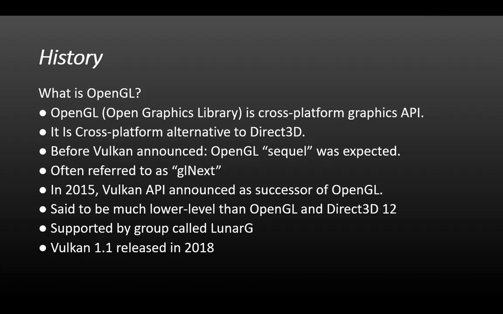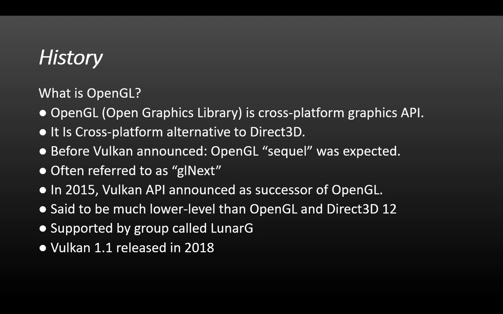Yeah. So DirectX is, like we discussed, a platform-specific API for Windows graphics, and OpenGL is cross-platform like the Vulkan API. Before Vulkan was announced, OpenGL SC was expected.